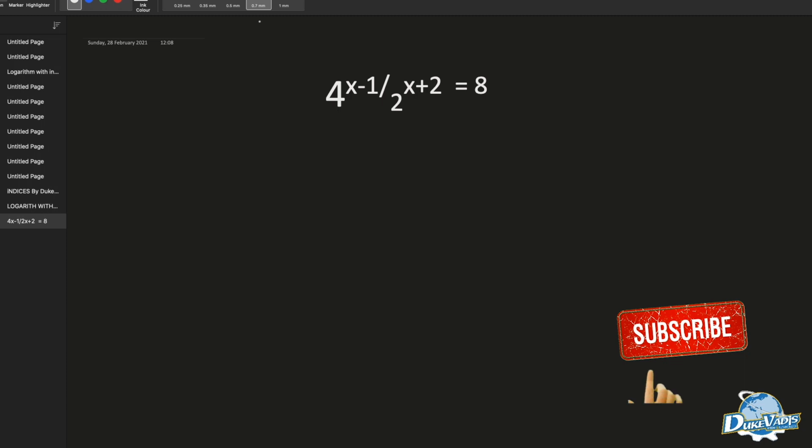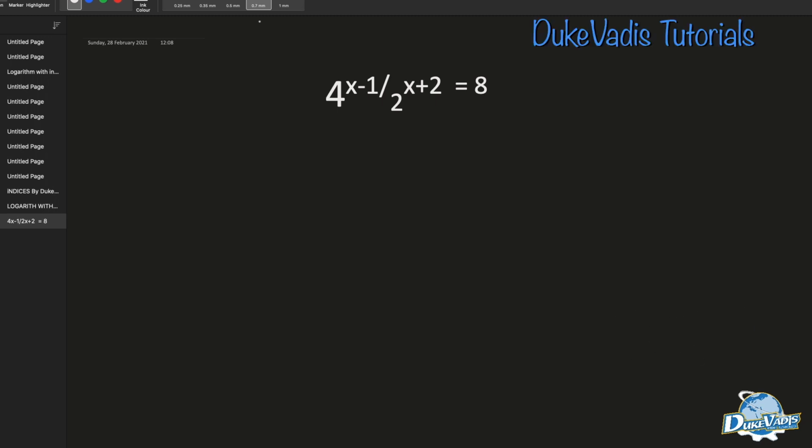Solve for x: 4 exponent x minus 1 divided by 2 exponent x plus 2 is equal to 8. So this is the question.